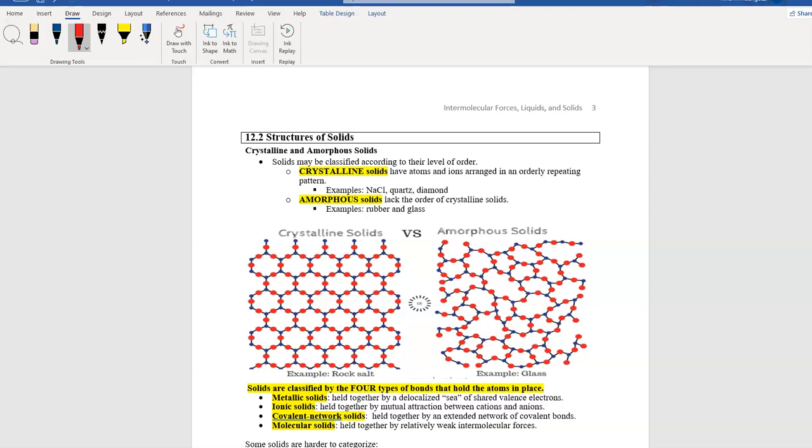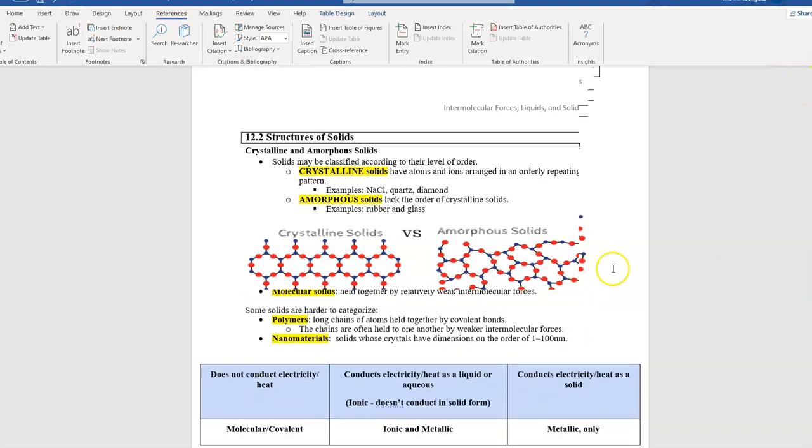These are the types of solids that you need to know: metallic, ionic, covalent network, and molecular. And then, as I said, there are two alloys. Go through here and find the common traits and differences between them.